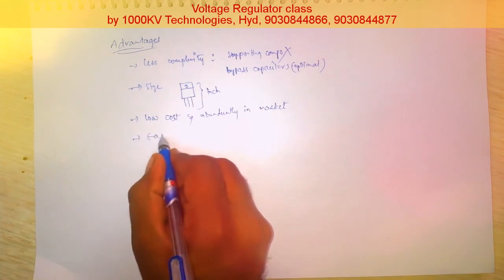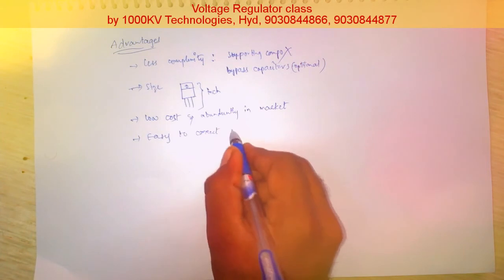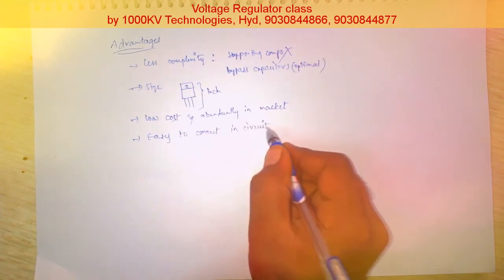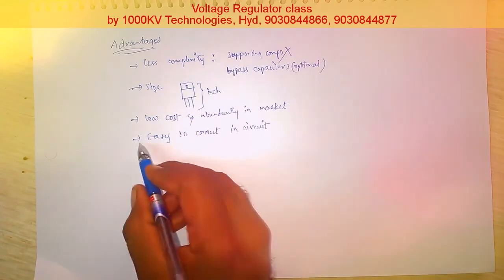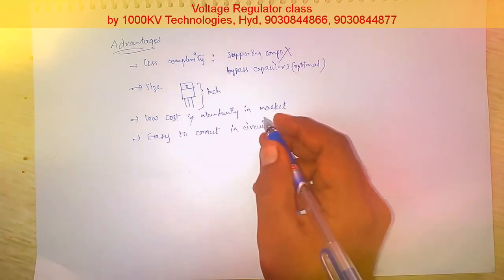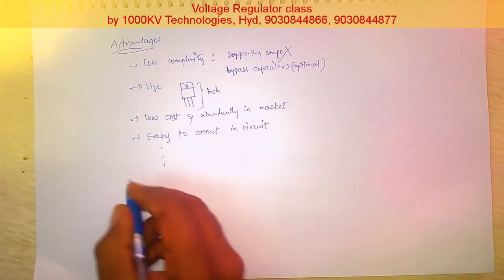And it is easy to connect in the circuit. As discussed earlier, it does not require any extra circuitry. You can directly place the voltage regulator in the circuit, and so on. We have different advantages.